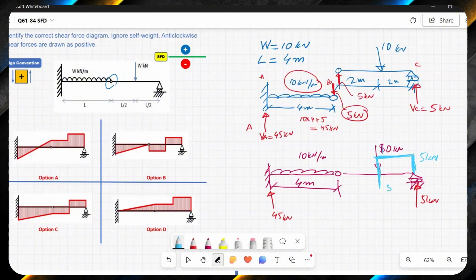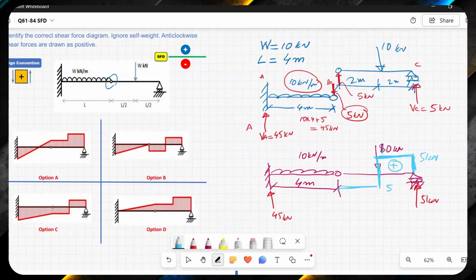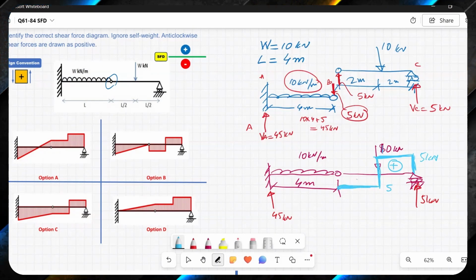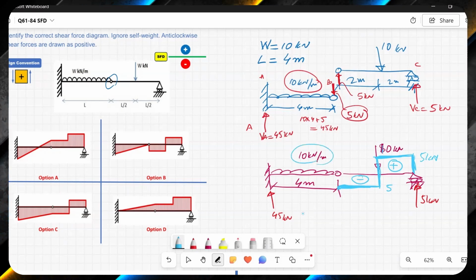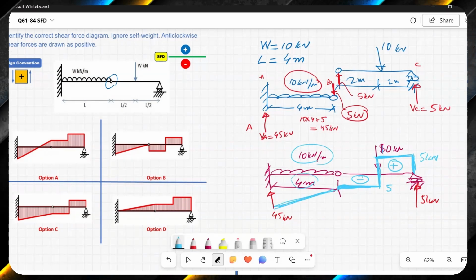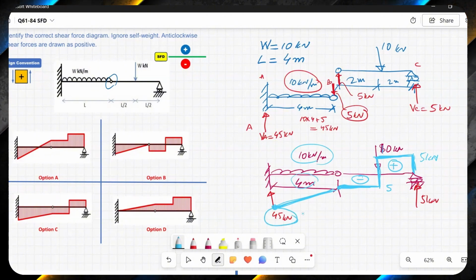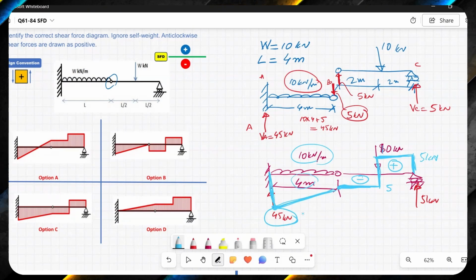This is again -5, this is positive, and between the internal pin and this point I don't have any loading. This is negative, and at this point I will subtract 10 times 4, which is 40, giving 45. In that way I will reach over here, and at this point I have a reaction of 45 kilonewton, which will bring this one up over here.